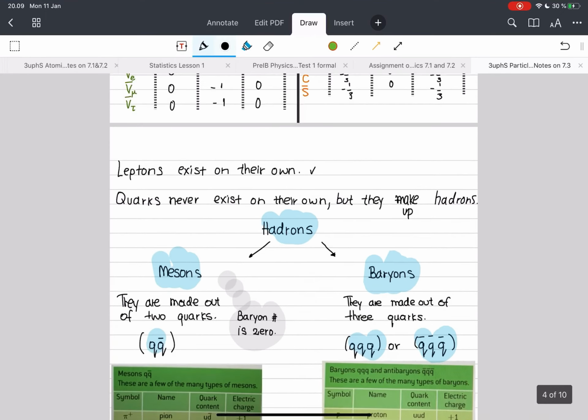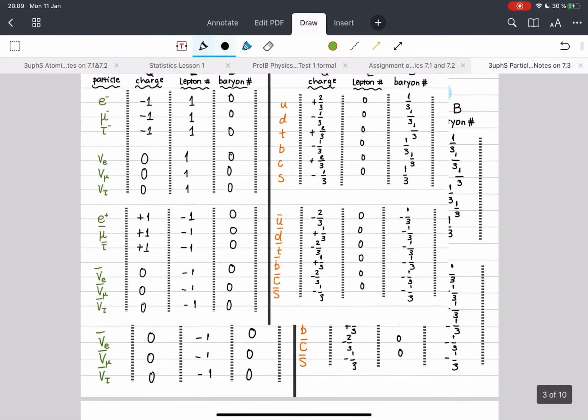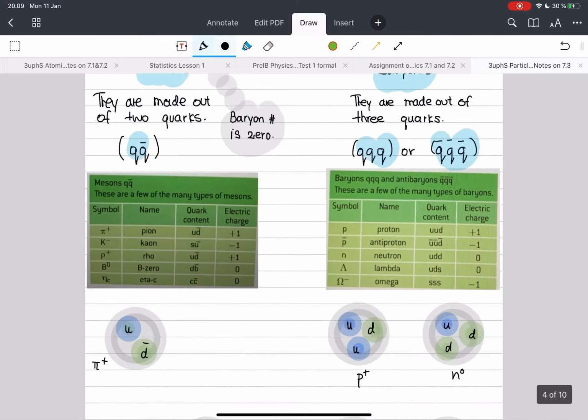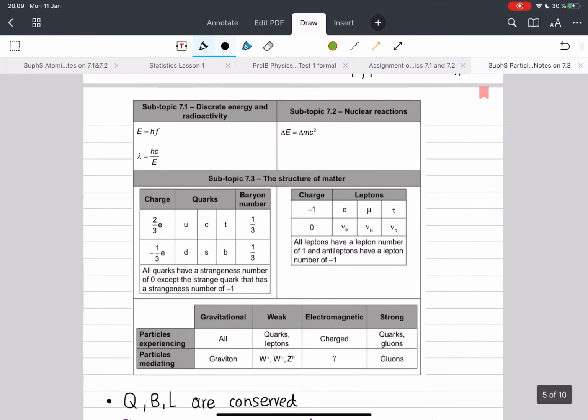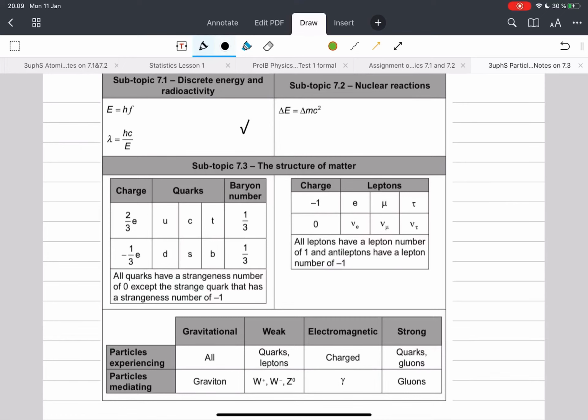Now, will you have to remember this table with all those numbers by heart? Actually, no. You're given this table here. This is your formula booklet, 7.1, 7.2, 7.3. You're given the table, but you have to get used to the way that this table is given.